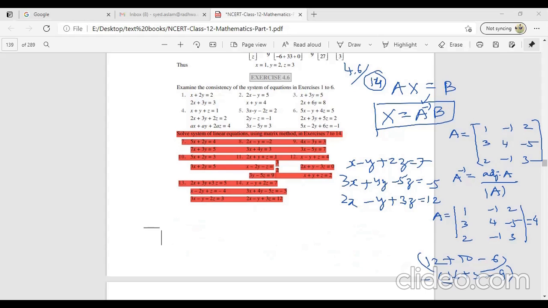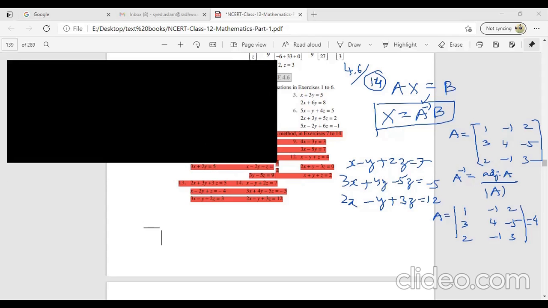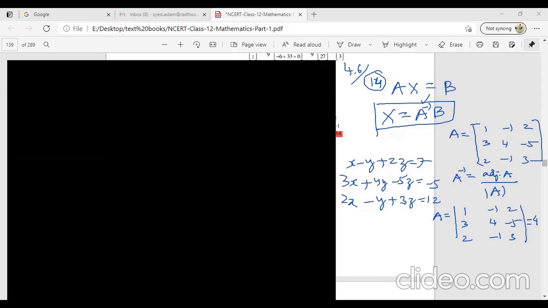Now we have to find coefficients C11, C12, C13. So find C11. C11: 4 minus 4 3s is 12, minus minus minus 5, 12 minus 5, 7.